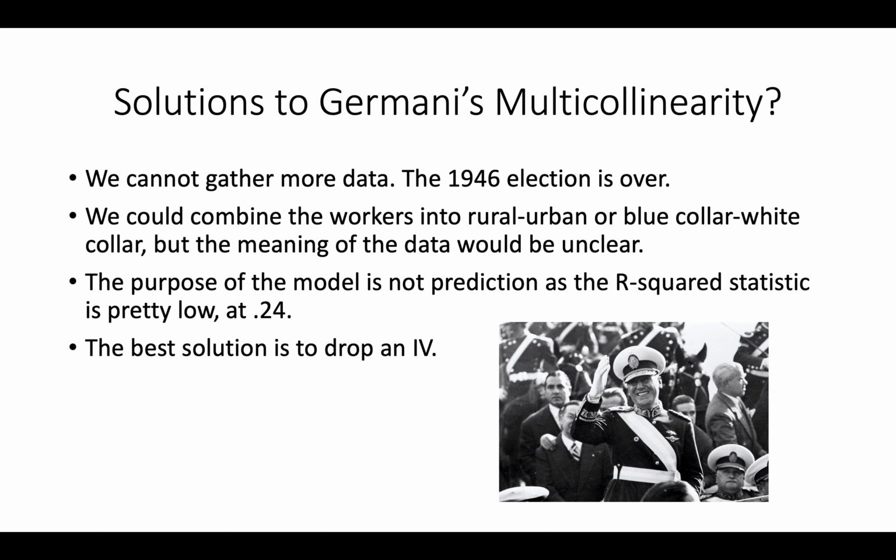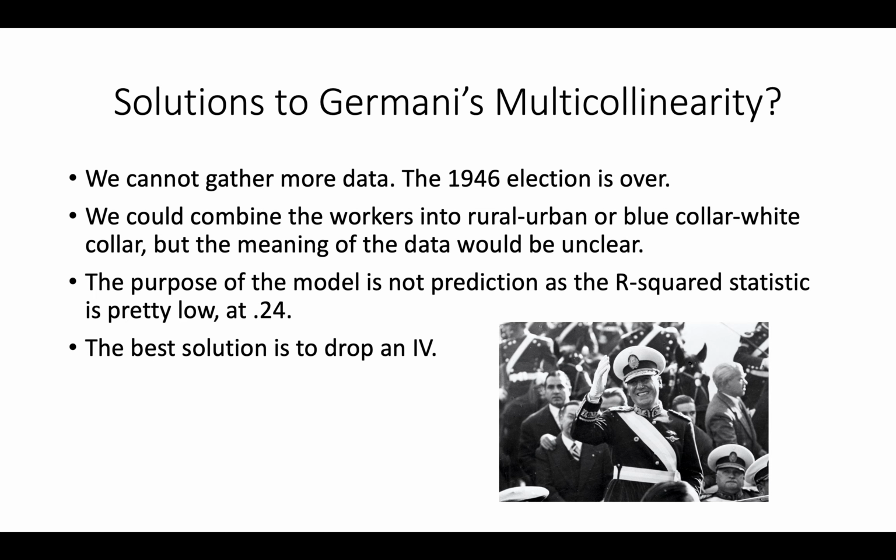Well, to focus on Germani's multicollinearity problem, we can't gather more data. Germani gathered all the data for the 1946 Argentinian presidential election. The election is over. There's no new data to gather, so can't do that. We could try to combine the variables into rural-urban or blue-collar, white-collar workers, but then the meaning of the data would become less clear.